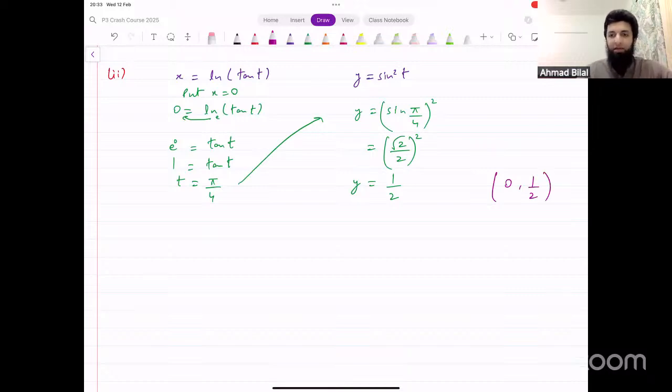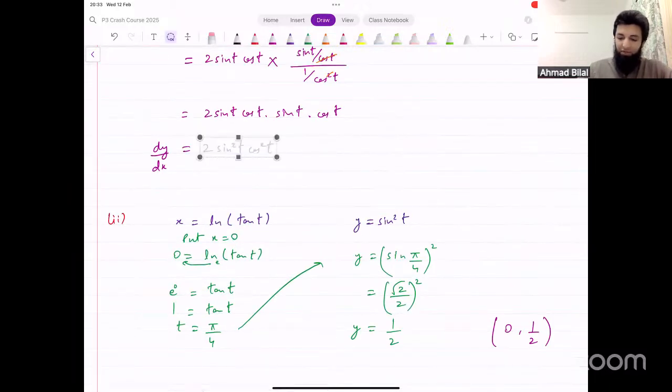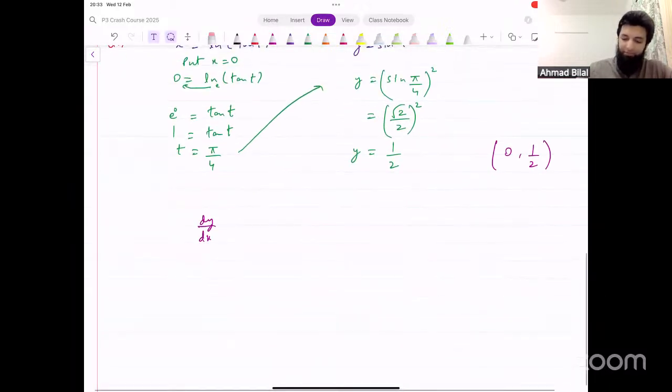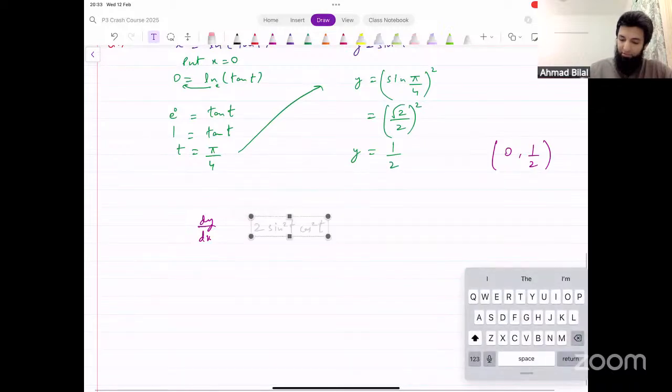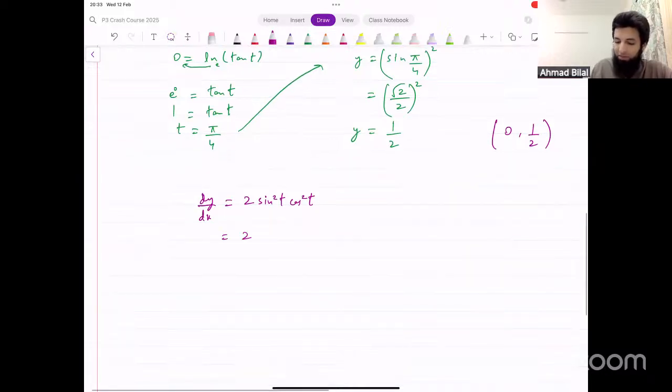Now we need the gradient of that tangent as well. We have dy over dx. What's dy over dx? We found that above. This was dy over dx, right? Two sine square t times cos square t. Now again, remember the actual form is this: 2 sine t whole squared into cos t whole squared.